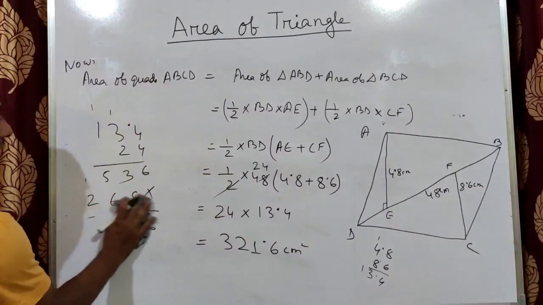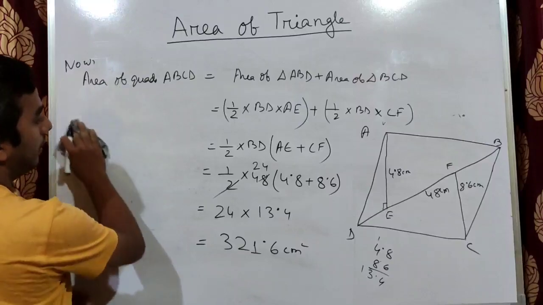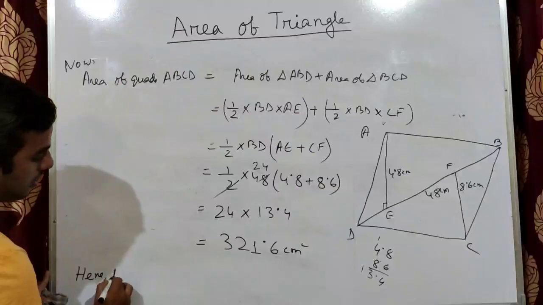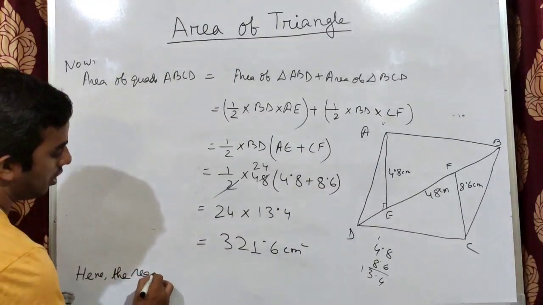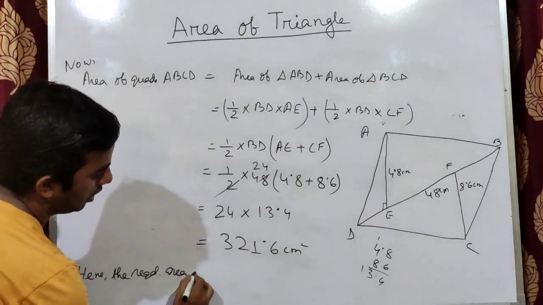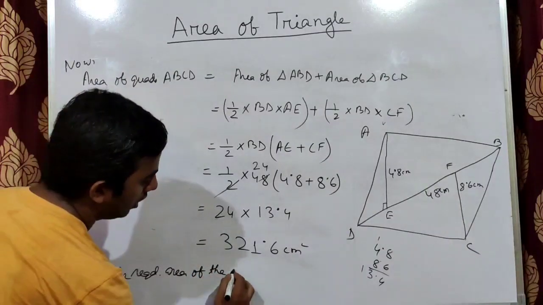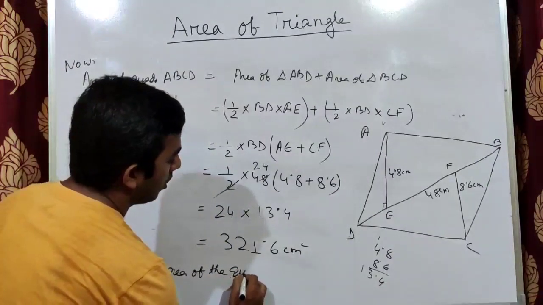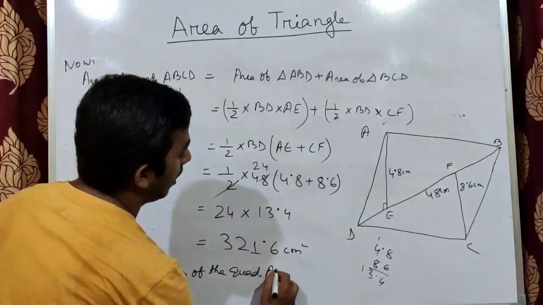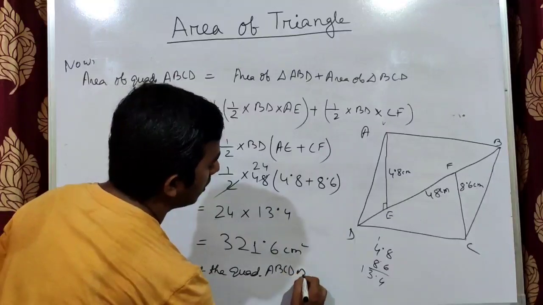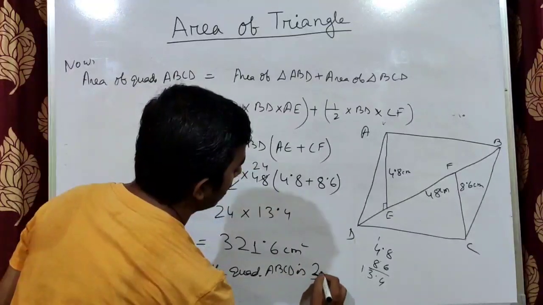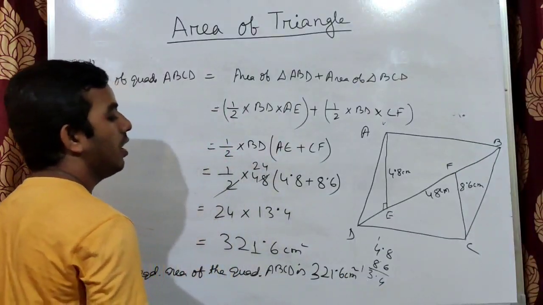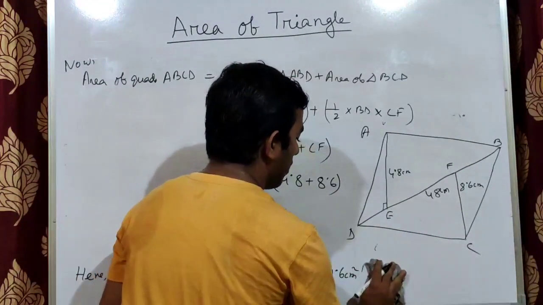So at last we will write: hence the required area of the quadrilateral ABCD is 321.6 centimeter square. I hope you are all clear, right?